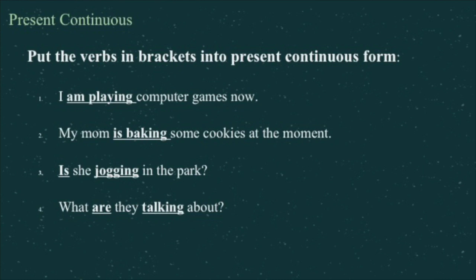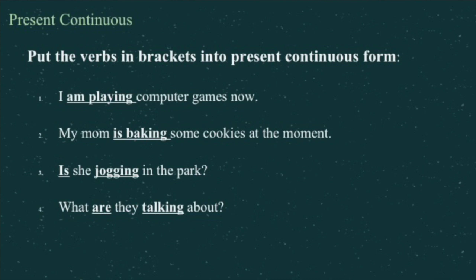Number 2. Because my mom is one person, so the verb to be, we will use is, and then we add -ing to the verb bake. But remember that if the verb ends in e, we have to remove e before we add -ing. So that's why we write, my mom is baking some cookies at the moment.